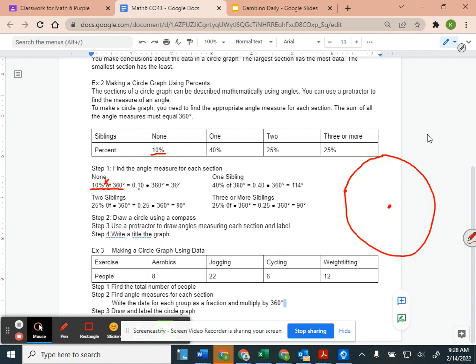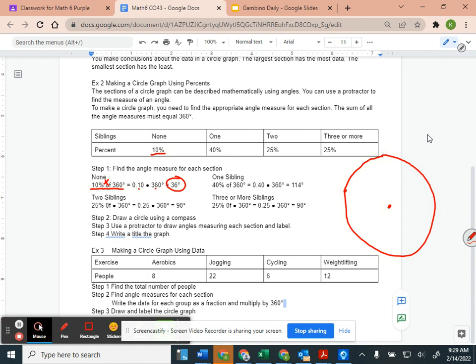So 0.1 times 360 gives me 36 degrees. So in this exercise, you need to be able to convert your percentages to an angle measurement, to a degree. So you multiply the decimal of the percent by 360.